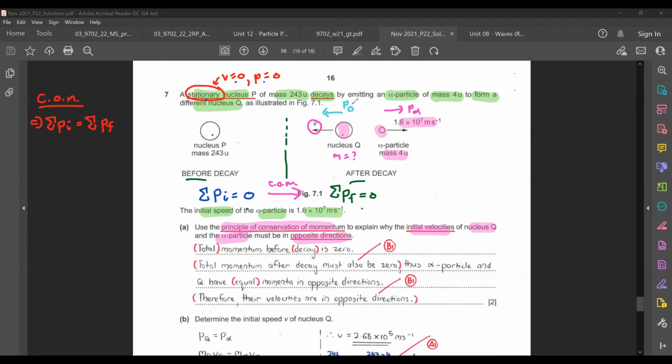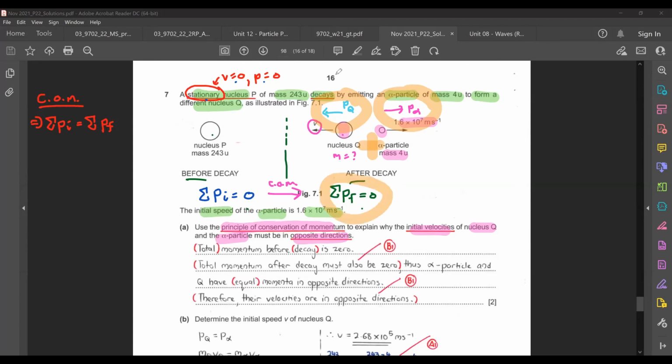This one PQ, okay? So right now, I know that PQ, if I'm talking about the sum of the final momentum, just by looking at this now, without looking at any equation in the first place, this is one momentum, this one is one momentum, but these two add up must be equal to 0.